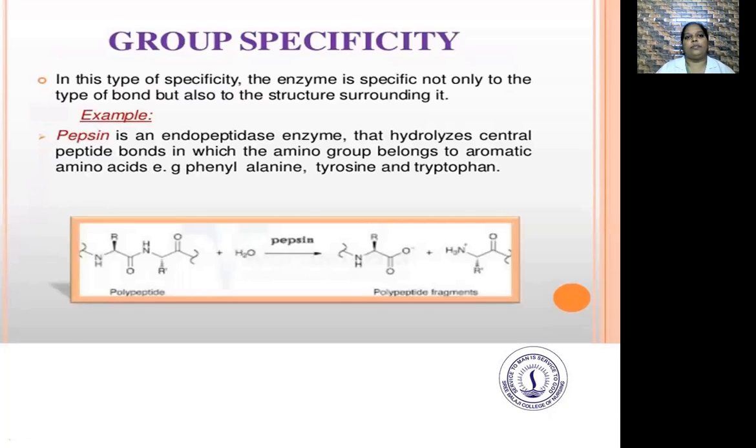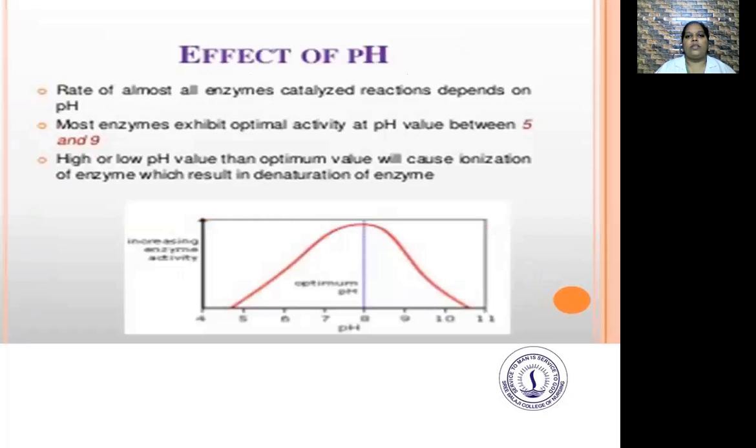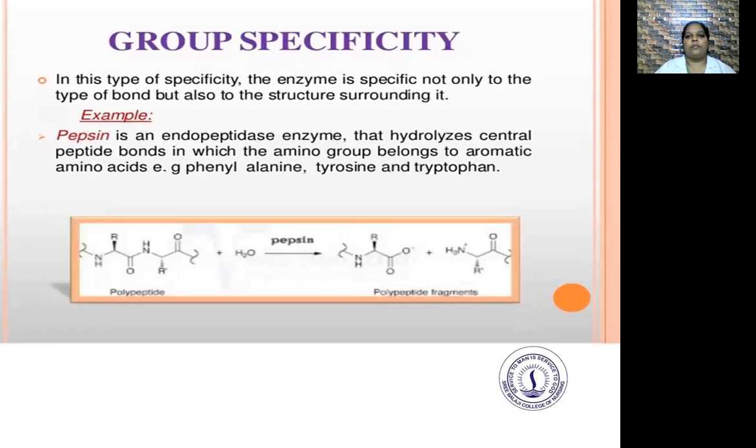Group specificity. In this type of specificity, the enzyme is specific not only to the type of bond but also to the structure surrounding it. Example: pepsin is an endopeptidase enzyme that hydrolyzes central peptide bonds in which the amino groups belong to aromatic amino acids. Example: phenylalanine, tyrosine, and tryptophan.